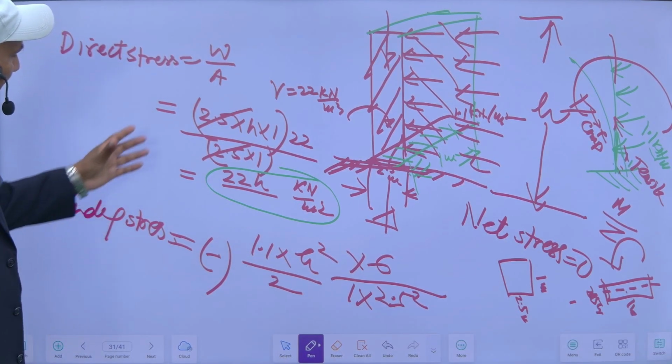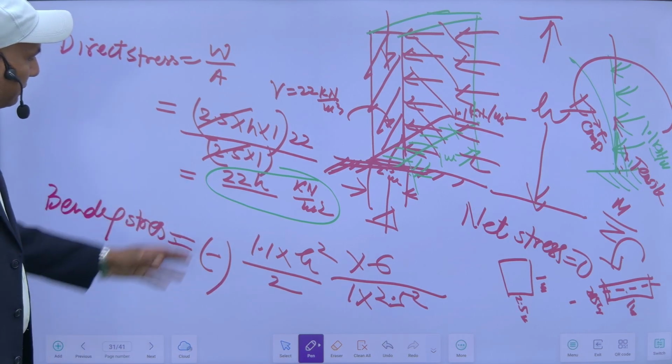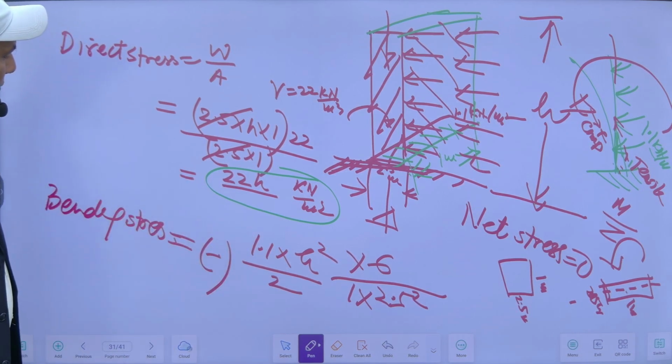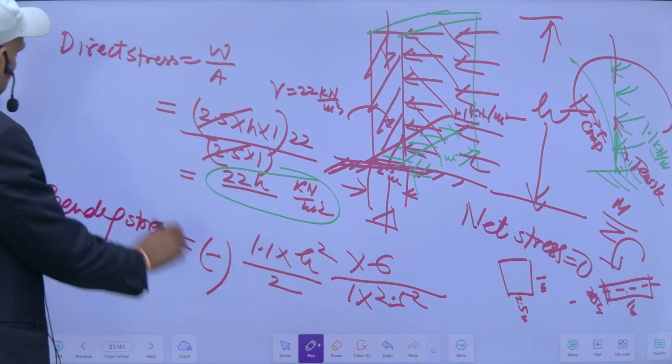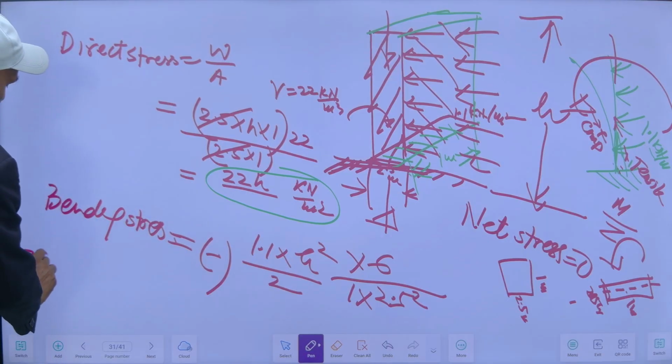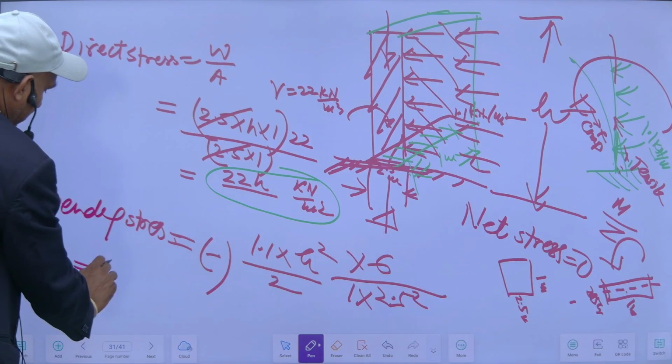So the net stress, the total stress, this plus this, should be equal to 0. Means this should be equal to this one. It means 22H should be equal to this one.